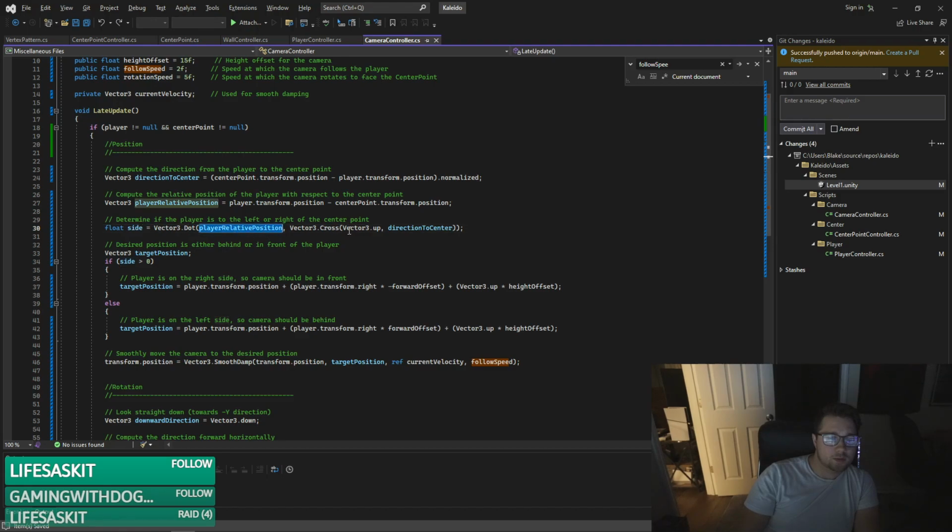Player relative position, vector up, what is direction to center? That's a Vector3. Okay, so we're still doing a dot.